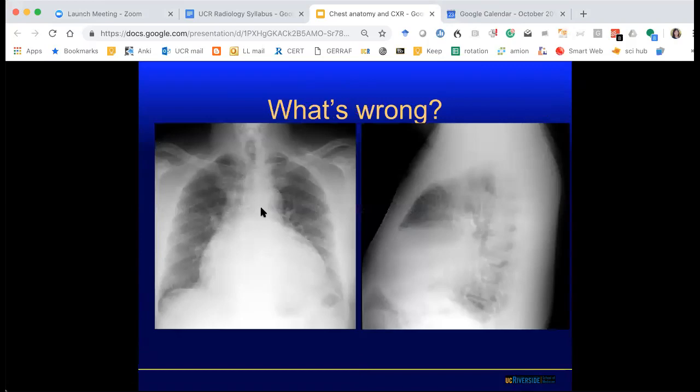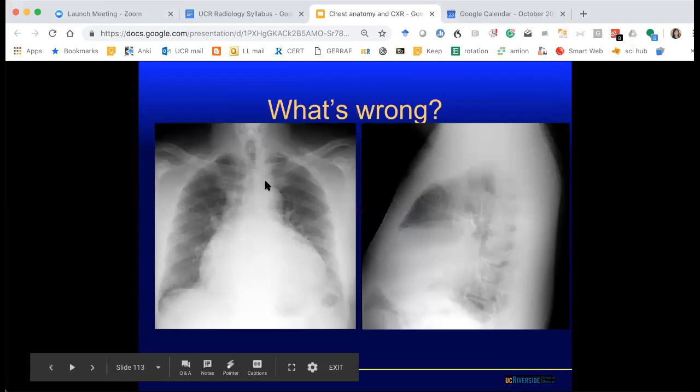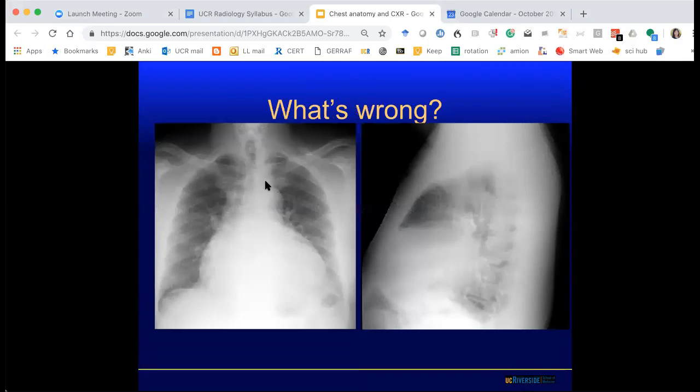Pericardial effusion. Yeah, exactly. So can you tell the difference? Sort of, not really. Some people say that with pericardial effusion you can have this bottle appearance.